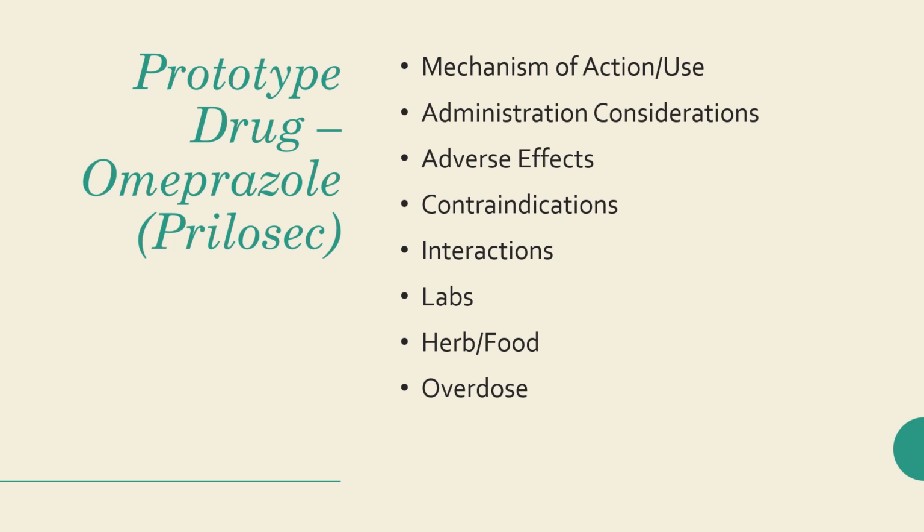When we're looking at labs, you want to look at those liver labs, and again, look back at that magnesium, especially if a client's been on it for a little while. If those magnesiums drop, then a client can have many potential consequences with that. When we're looking at herb or food interactions, tell your clients not to take any ginkgo biloba or St. John's wort, and right now there's no overdose considerations.